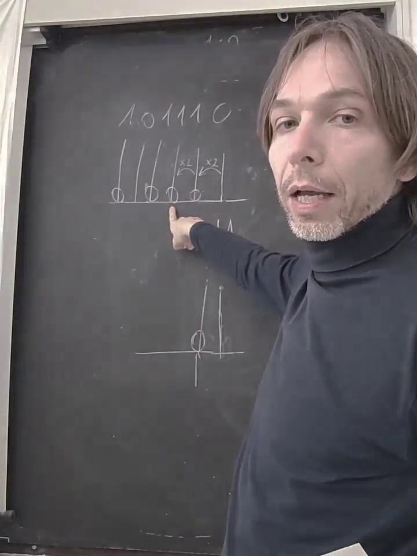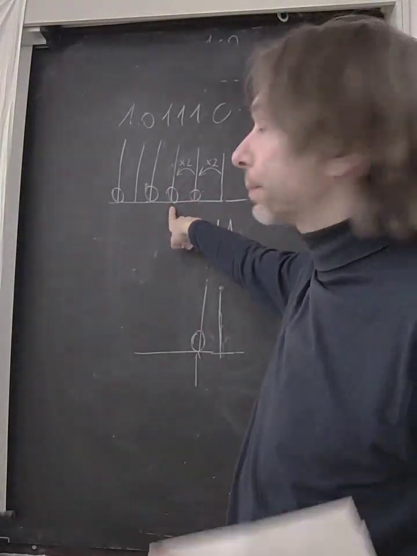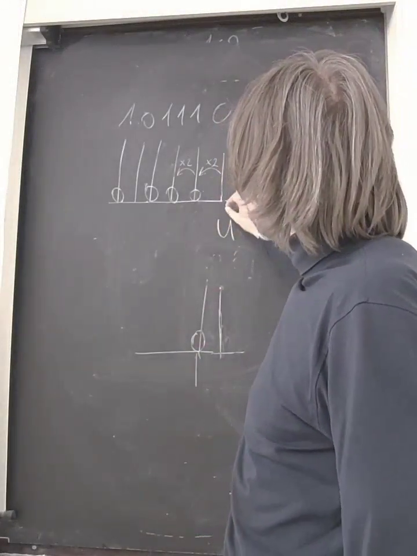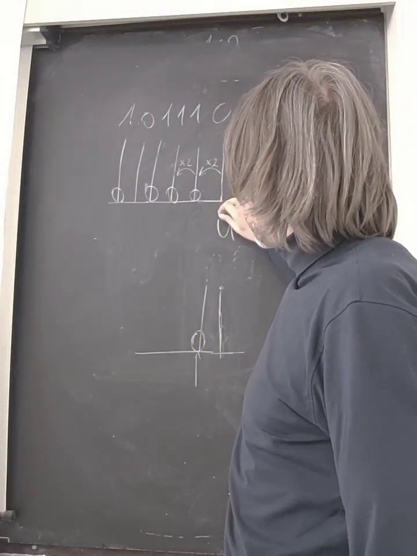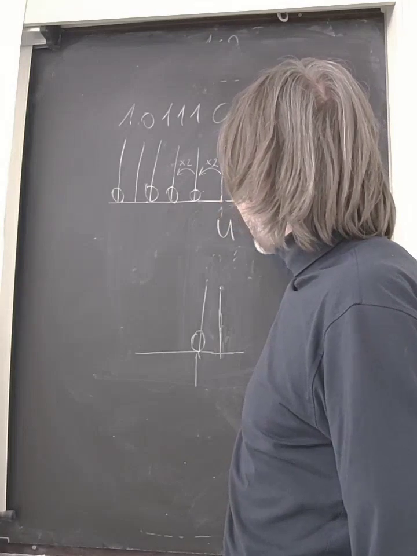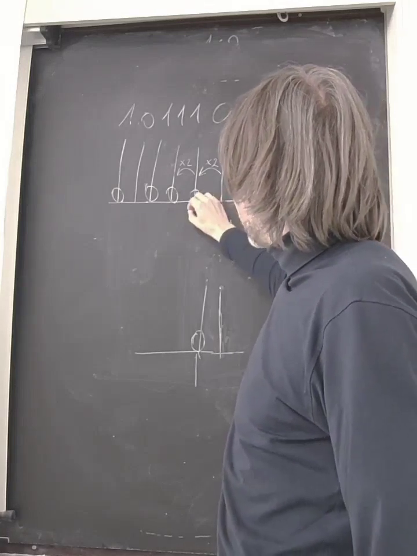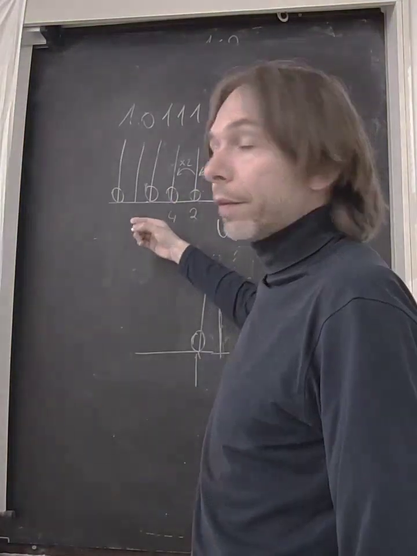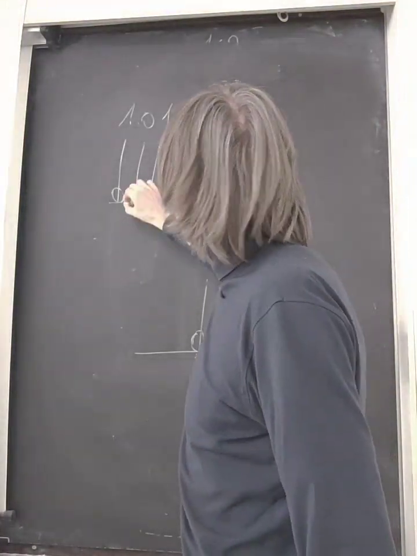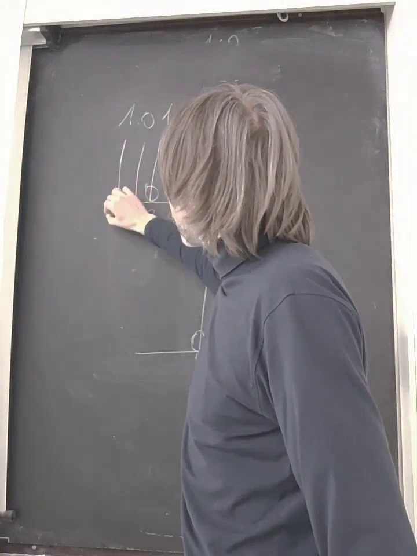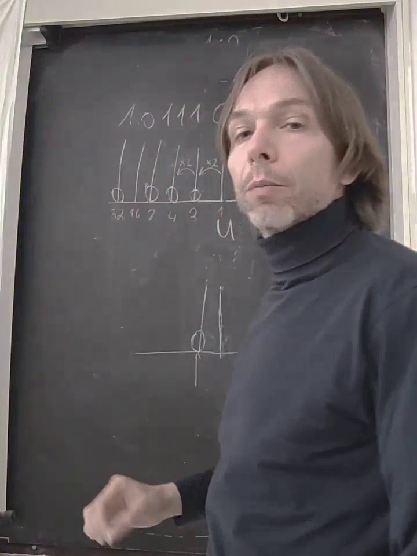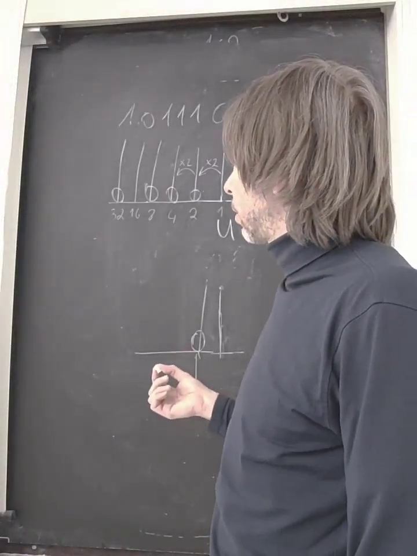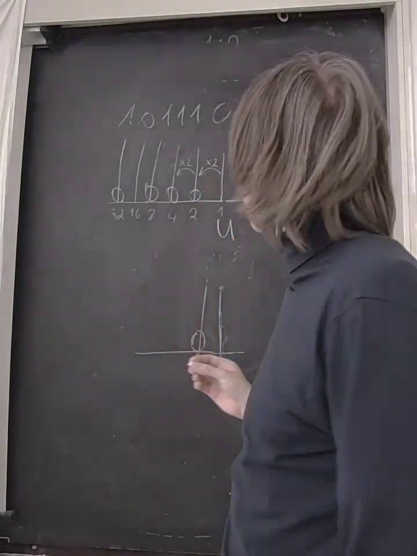So any ball here has got a value of 4. Okay? So 1, 2, 4, 8, 16, 32. I always double the value of the ball before.